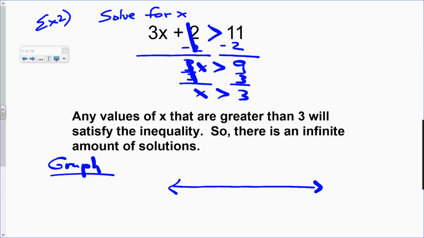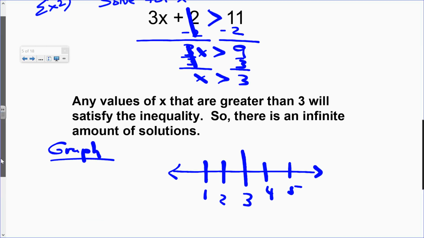What I want to depict is the numbers that are greater than 3 on my number line. So let's see here. I'm going to put the number 3 here. I'll put the number 2, the number 1, and so on. I'll put the number 4. I'll put arrows because the arrows indicate that the graph goes on infinitely, right?